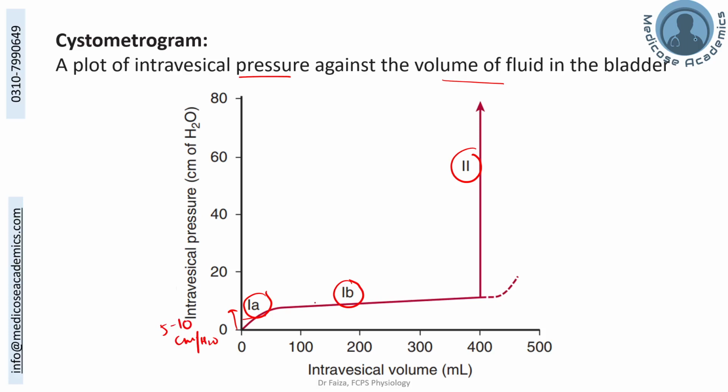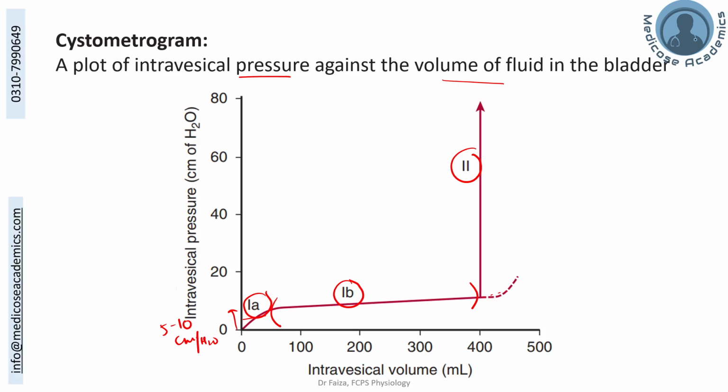Phase 1B is showing when the urine accumulated from approximately 50 to 350 or 400 ml with a very small rise in pressure, and afterwards even a small increase in the volume inside the bladder is going to lead to a steep increase in the pressure, which is going to stimulate the micturition reflex and lead to urination. So these 3 are the phases of bladder filling, which may ultimately result in micturition.